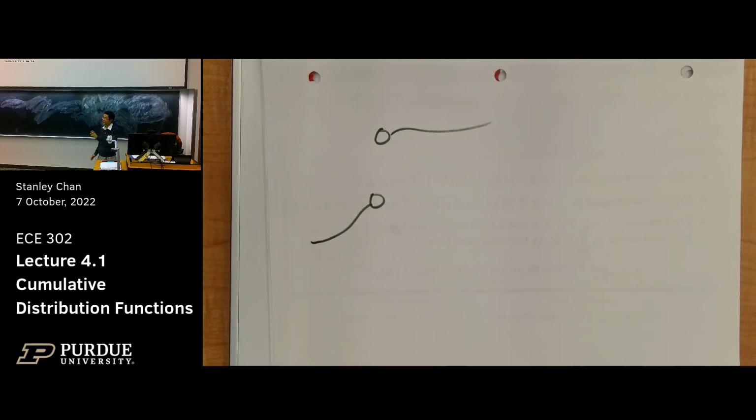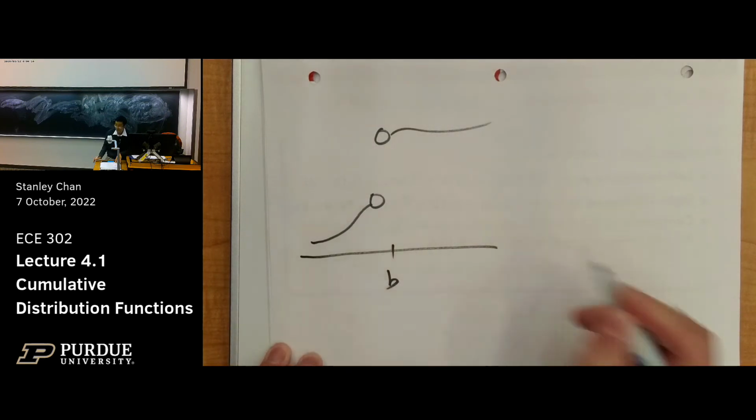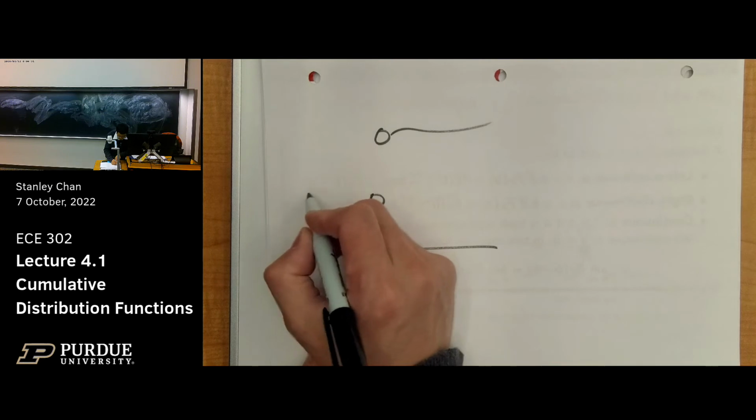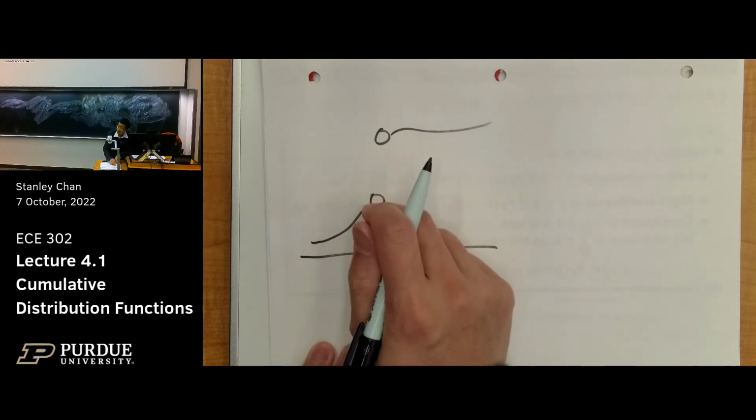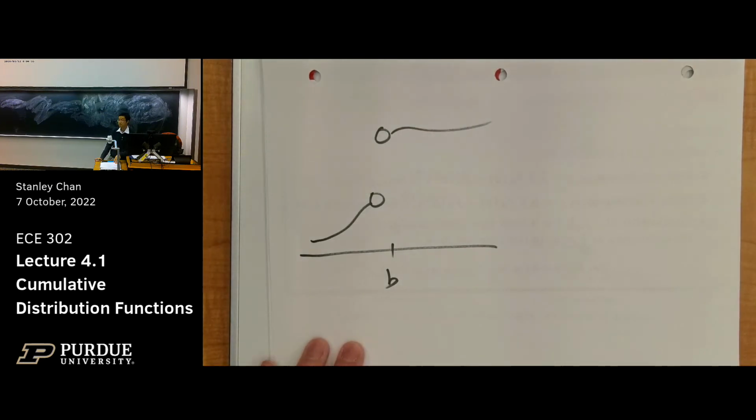A function, when you talk about f being right continuous, has to be something like this. If it is smooth, there's nothing to talk about. Here is a point b on the x-axis. There are two values, the first value and the other value.